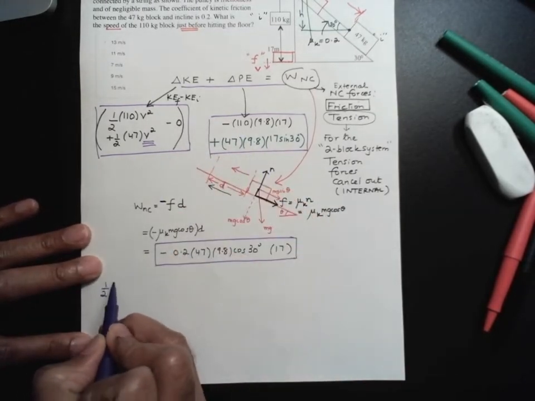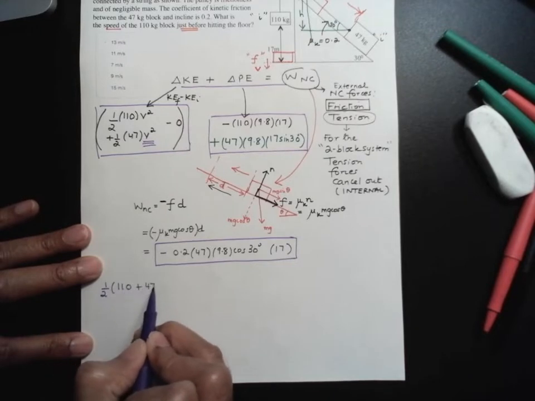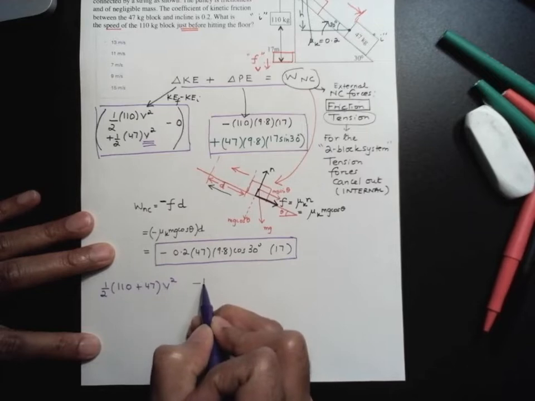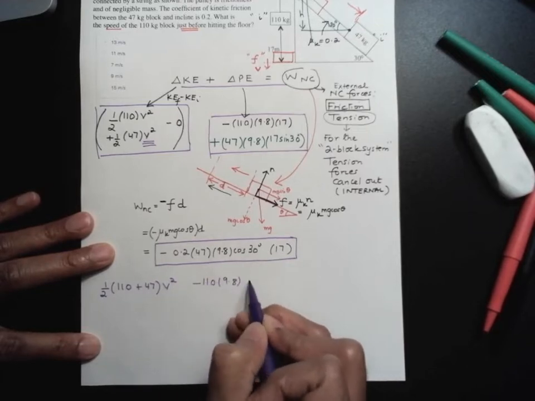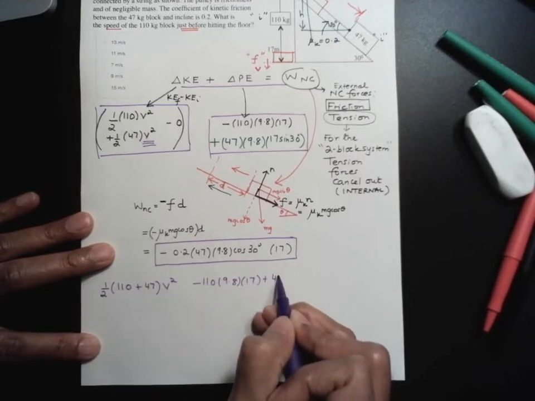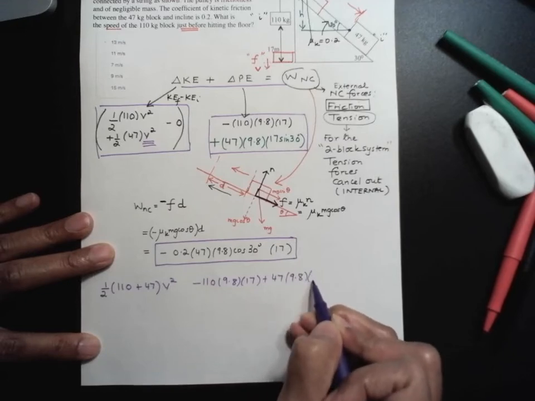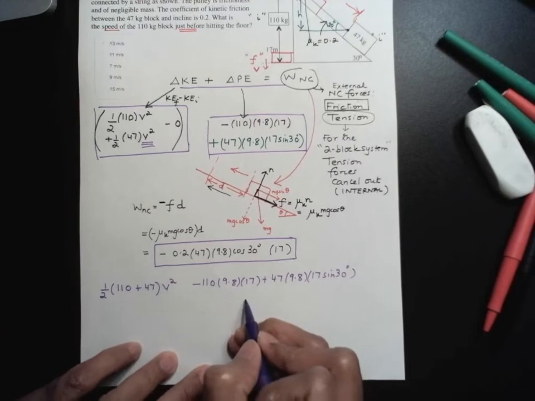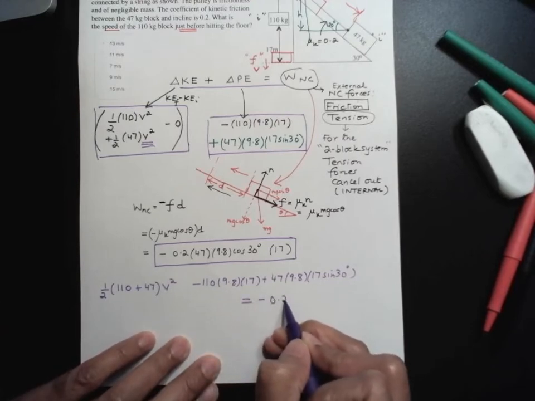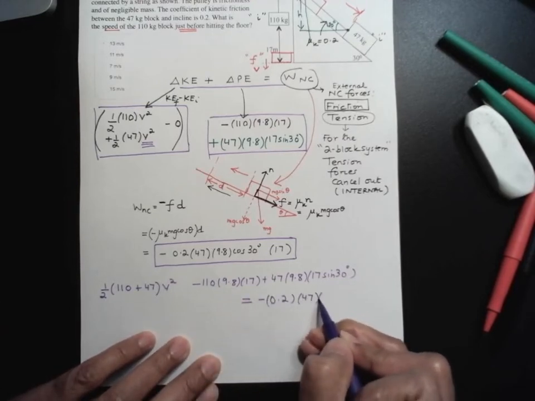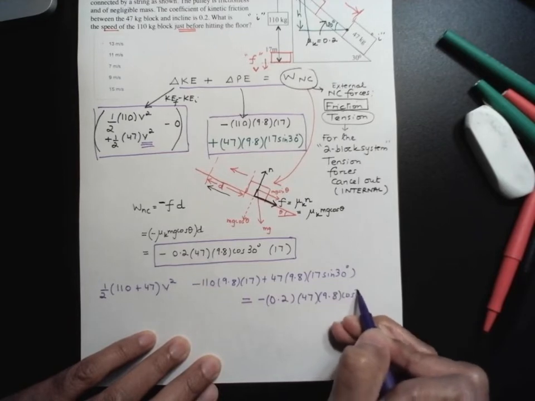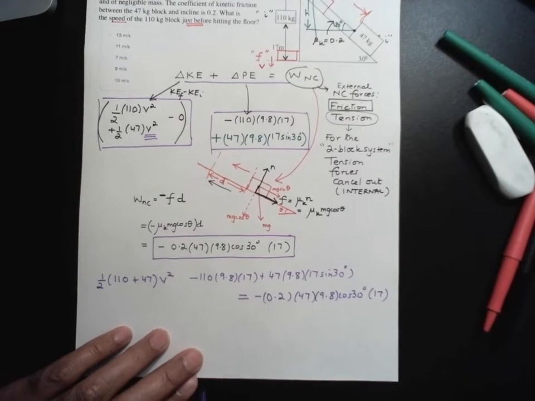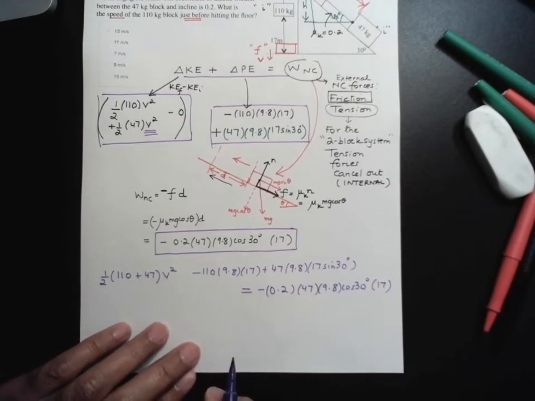So 1/2 times (110 plus 47) times v squared, minus 110 times 9.8 times 17, plus 47 times 9.8 times 17 times sine 30, equals minus 0.2 times 47 times 9.8 times cosine 30 degrees, multiplied by 17 also.